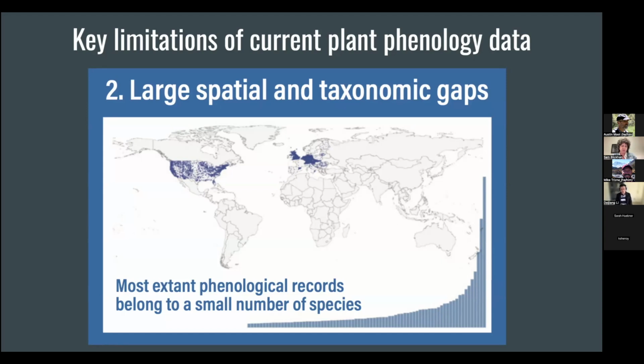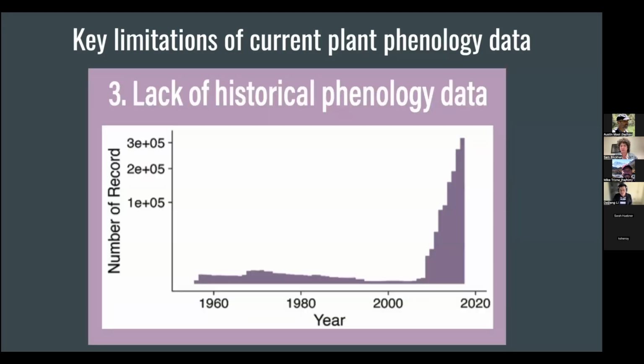Other countries probably have some data available, but they're not open, and again we cannot just grab them and use them, right? We can also see a very common pattern: lots of records belong to a small number of species, so for lots of species we simply don't have any phenological data.